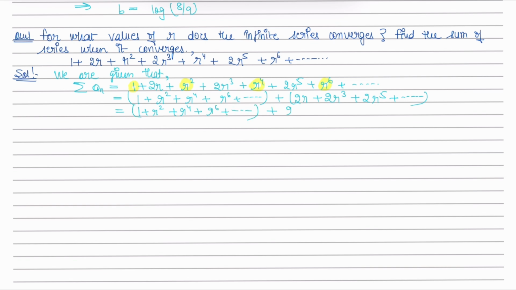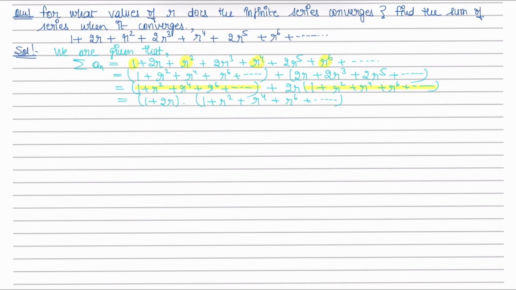We can take 2r common, so this becomes 1 plus r square plus r to the power 4 plus r to the power 6 plus so on, and we can see that this term and this term are similar, so this becomes 1 plus 2r into (1 plus r square plus r to the power 4 plus r to the power 6 plus so on).